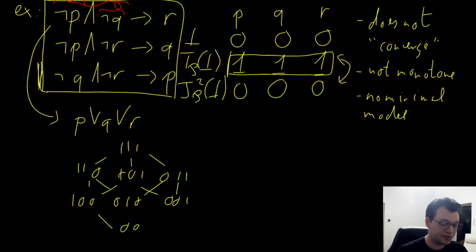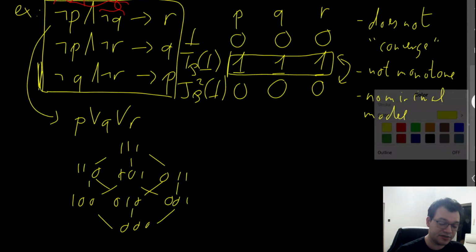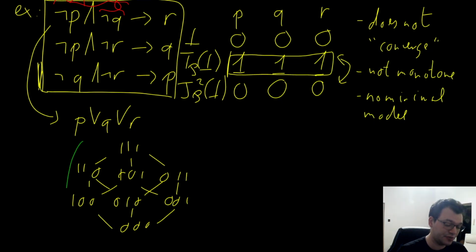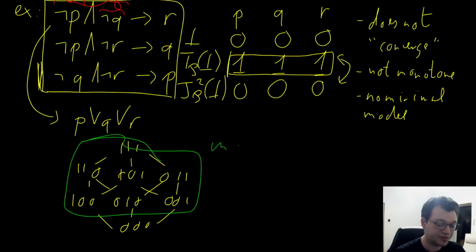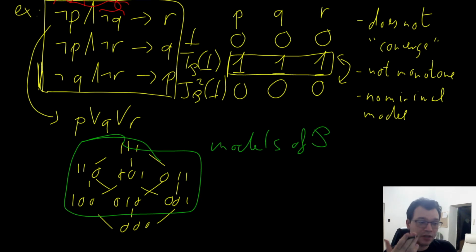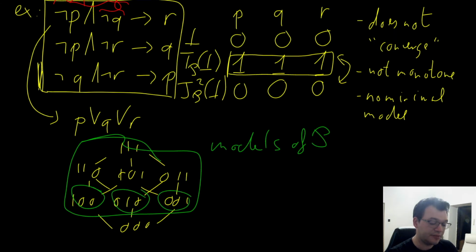But 000 is not a model. So basically for this particular program we have these as the set of models of P. And you can see that there are 3 minimal elements.